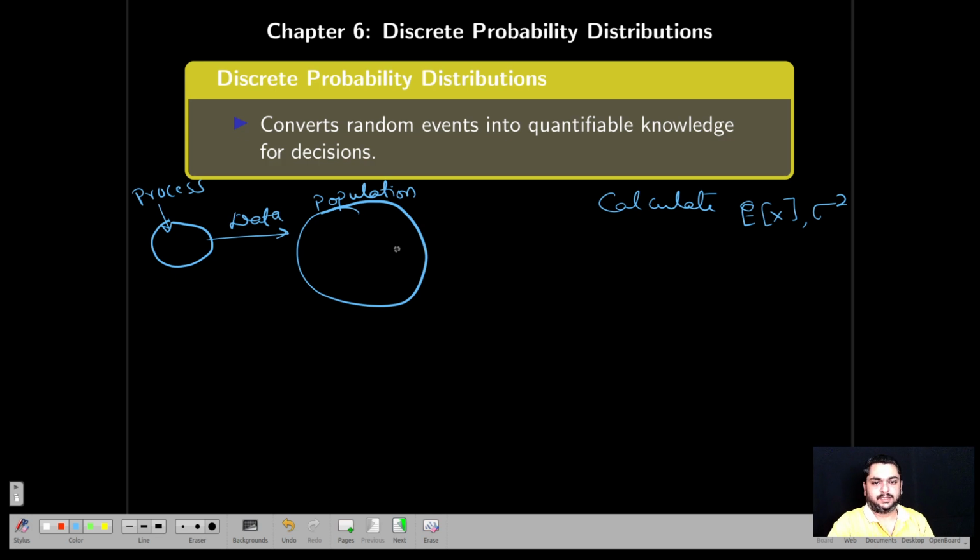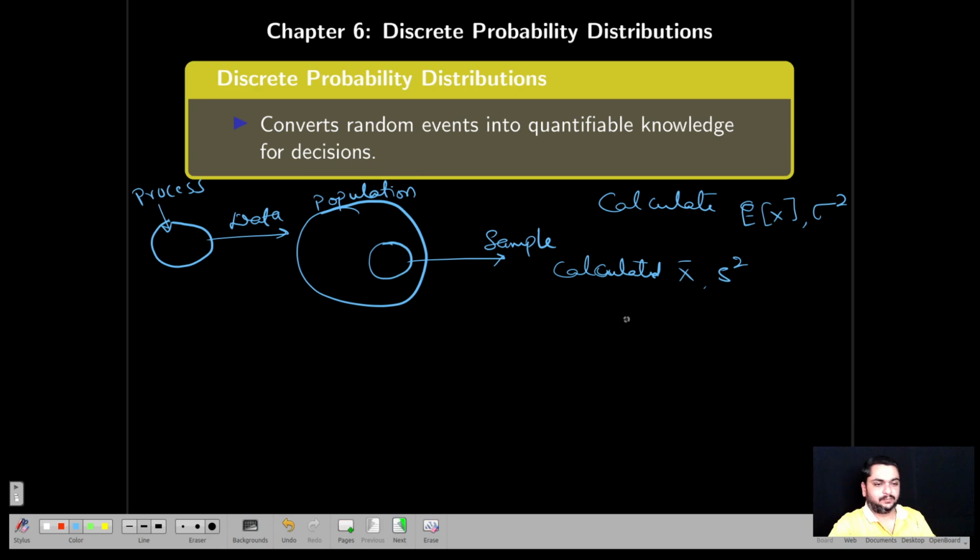The population data may be very big, practically infeasible to collect. There are many reasons. So for that reason, we took some sample, using some sampling strategy. And then on the sample we calculated the sample mean and the sample variance.